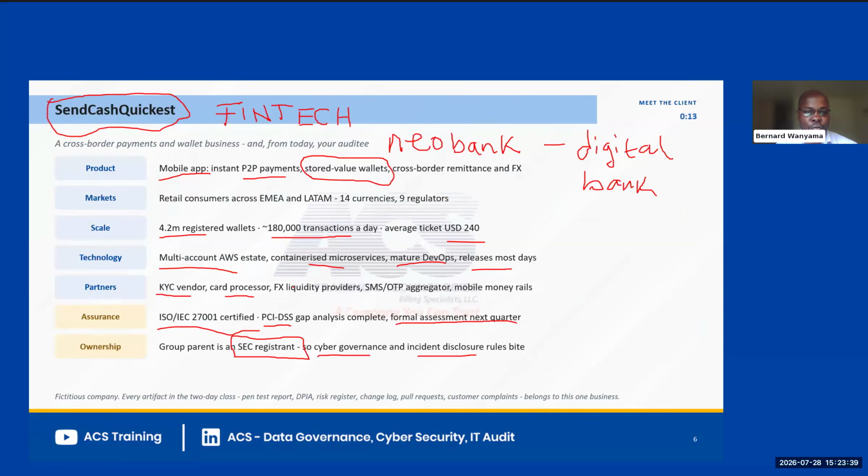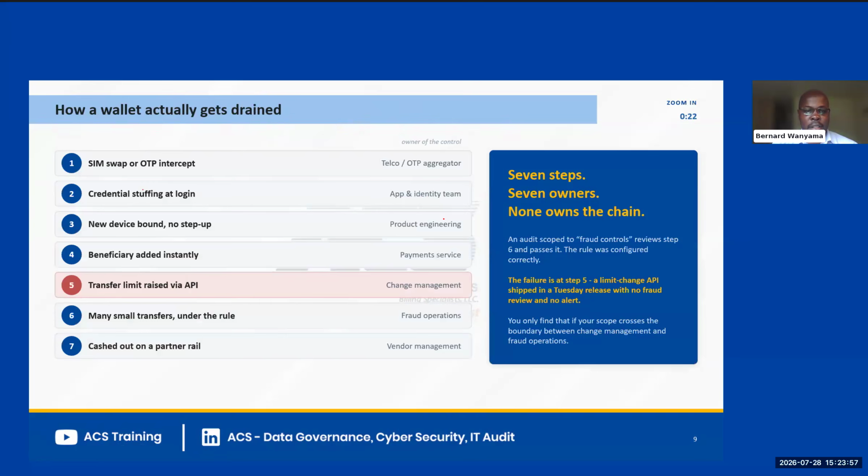In this case, we have 4.2 million registered wallets and 180,000 transactions a day, and the average transaction is $240. Now, we've seen digital banks going down quickly because of the rate at which customers themselves are able to withdraw their funds in a bank run.